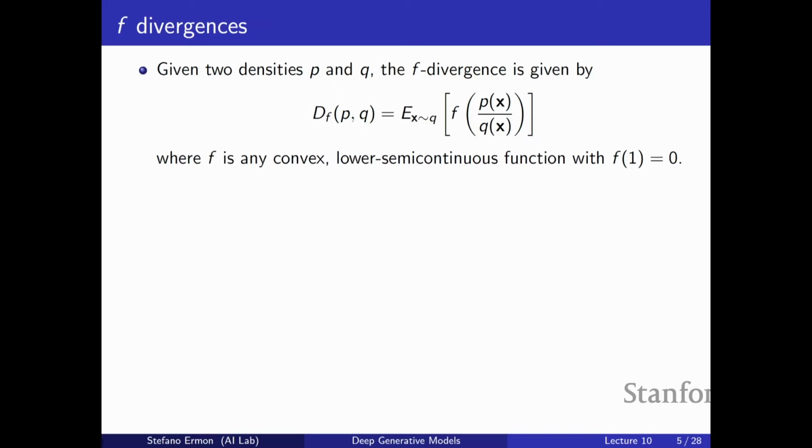If you have two densities, P and Q, you can define a divergence between them by looking at the expectation with respect to the second argument, which is Q, of this f function applied to the density ratio at each point between P and Q, where f is a scalar function that has to be convex, lower semi-continuous, and it has to evaluate to 0 when you plug in 1.